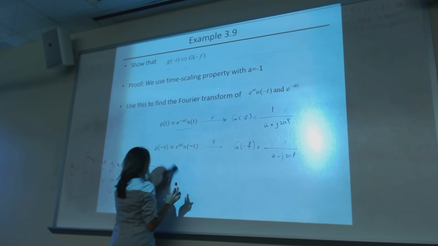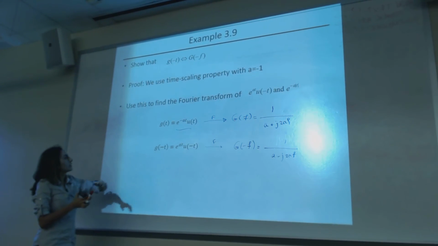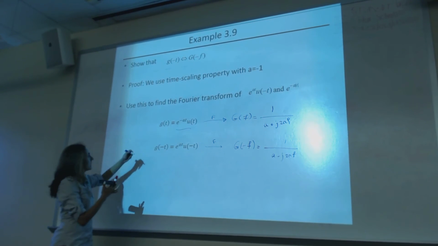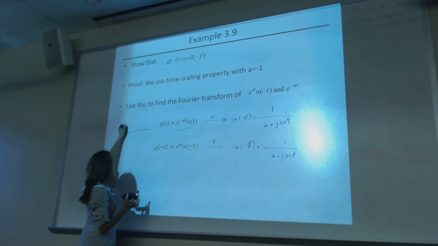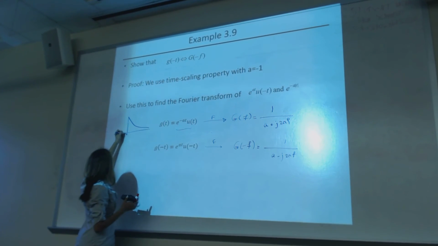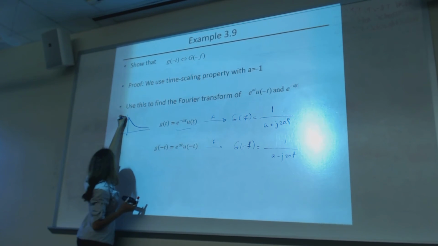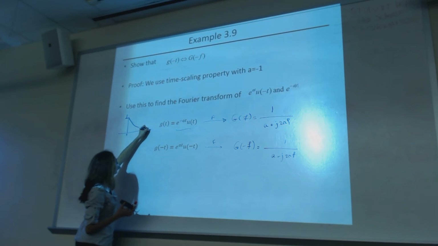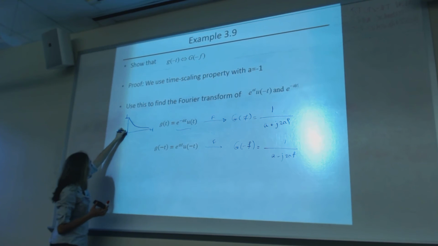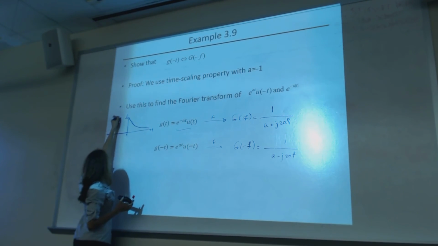Now let's look at how they look. e to the power of negative at times u of t looks like that. You have seen this a lot. At 0, what's the value at 0? 1, and it drops like that, and because of the u of t, you have all zeros on the other side. This is g of t.